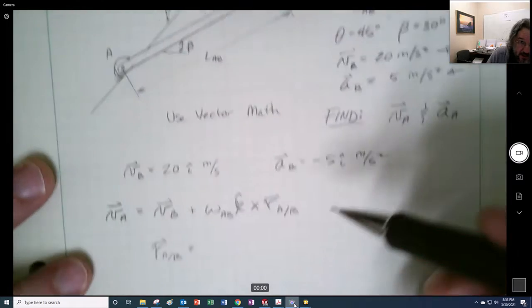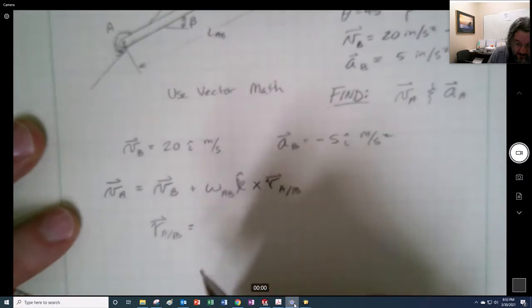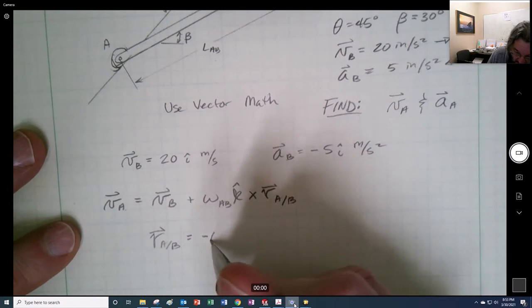And so it's going to the left and down, so both are going to be negative.